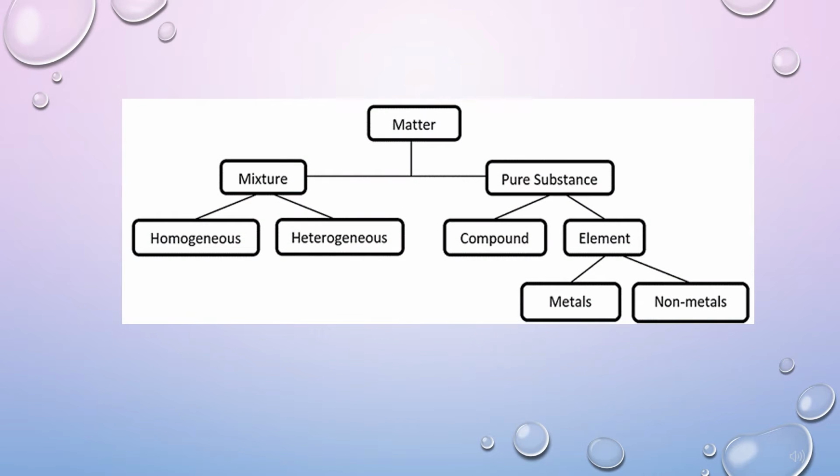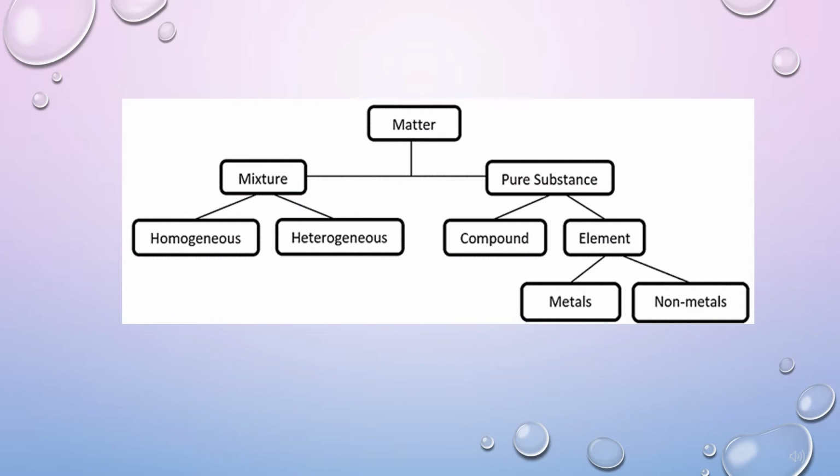So before we proceed to our discussion proper, let us first have a review of the classification of matter. In our previous videos and discussions, we discussed the two classifications of matter. We have mixtures and pure substances. Under mixture, we have homogeneous and heterogeneous, right?